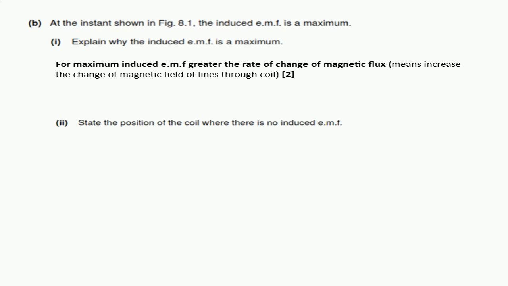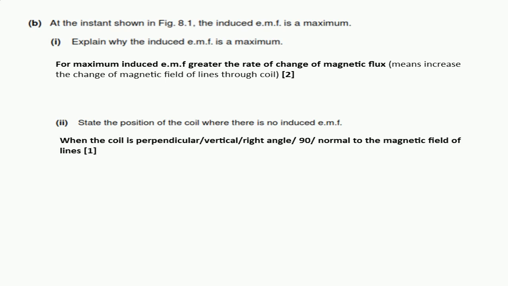Part B, question number 2. State the position of the coil where there is no induced EMF. Dear student, to answer that question, we must see the picture again. If we want to induce EMF, we must change the magnetic flux. Changing magnetic flux means the magnetic field lines are changing through the coil.